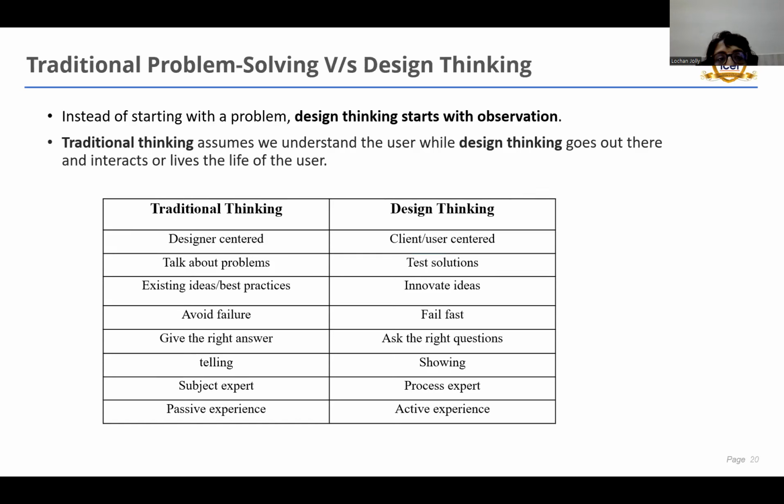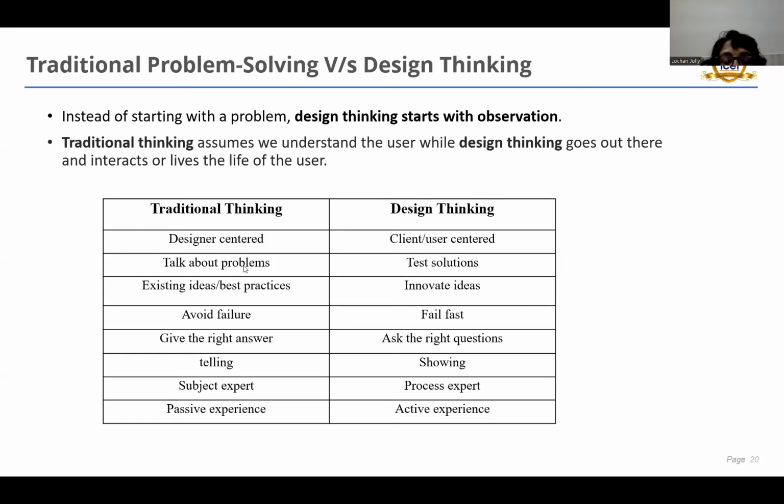So if we compare traditional problem solving versus design thinking, traditional moves forward with the viewpoint of the designer, because it is like a subject expert who is designing it, whereas in design thinking it is a team that is designing, and therefore they are client centered, but also have the bigger vision of making things acceptable to the masses.